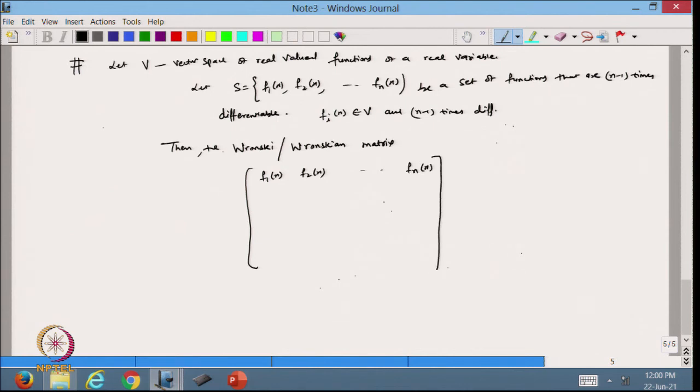So, I am going to write this matrix with the functions. The second row is just the derivative of each function, and similarly I can go on to take the n minus 1 time derivative and write it in the same column. So, I get this matrix, it is an n cross n matrix, and we call it the Wronskian matrix.